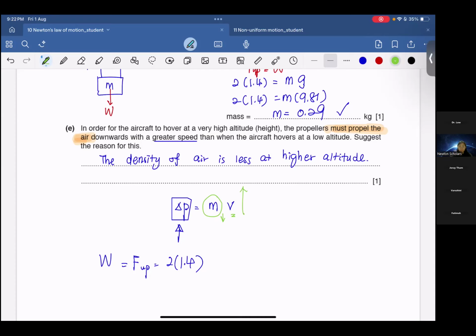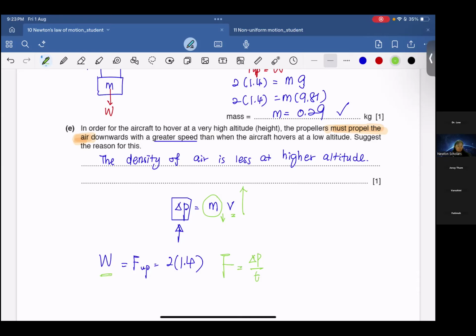Is it okay? Because momentum divided by time actually is the force. The weight of the object is already a constant number. So in order to stay at the position, we need to maintain this value, so we need to increase your speed.